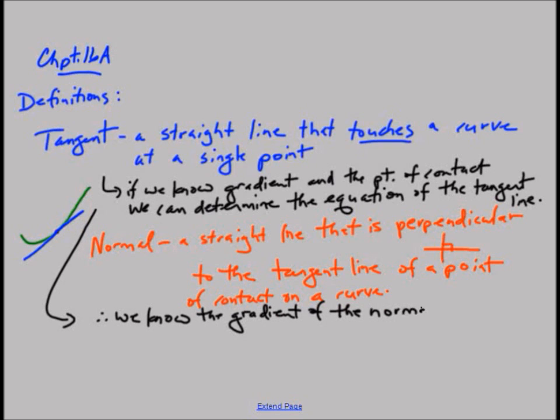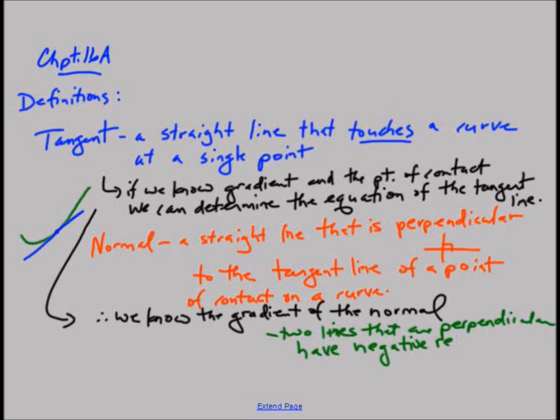So let's put our thinking caps on for a moment. The gradient of two lines that are perpendicular have what kind of slopes? Negative reciprocal gradients or slopes.